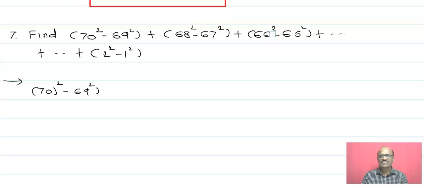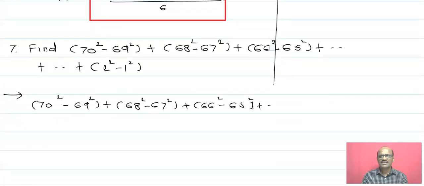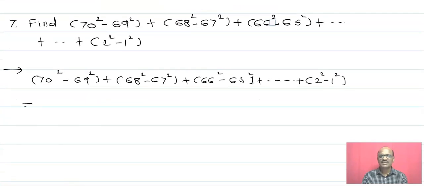Next is 70 square minus 69 square plus 68 square minus 67 square plus 66 square minus 65 square, and the last is 2 square minus 1 square.